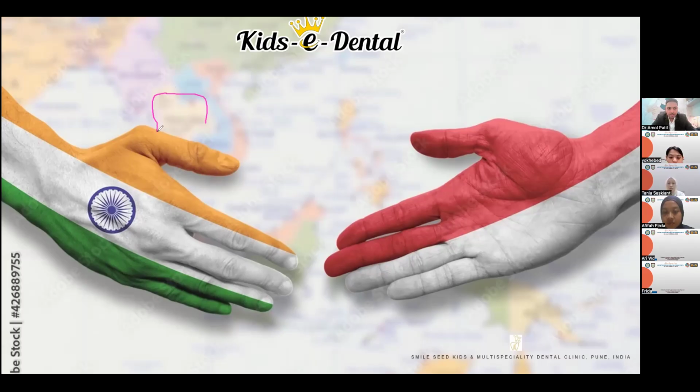For example, this is the anterior tooth. In this case, the tooth is already destructed up to the CEJ, and we are going to put the core. So for example, this tooth is broken till the CEJ level.